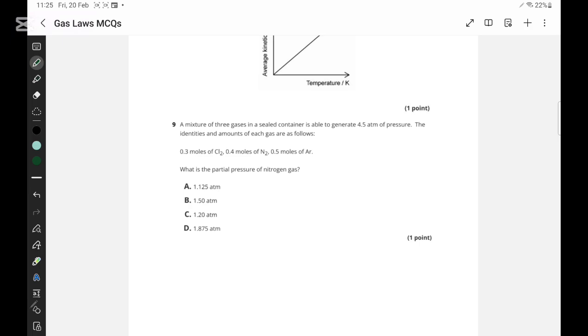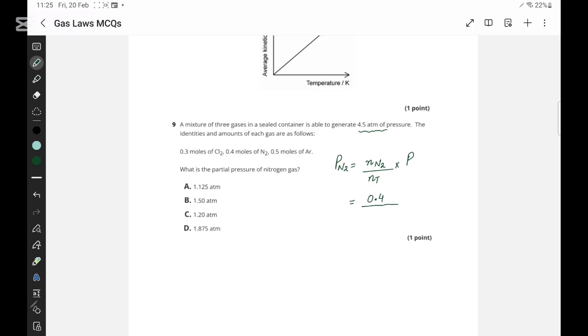If we want to find out the partial pressure of nitrogen gas, the formula is going to be moles of nitrogen gas divided by total number of moles times the total pressure. So total pressure has been given to us. What is the moles of N2?